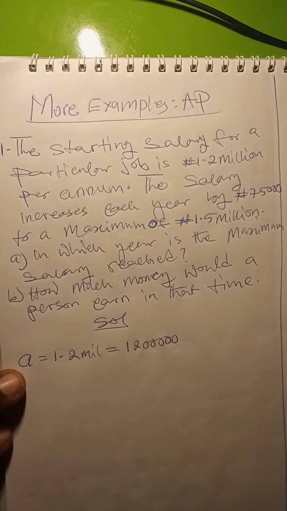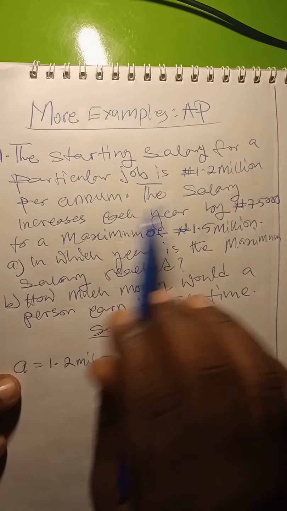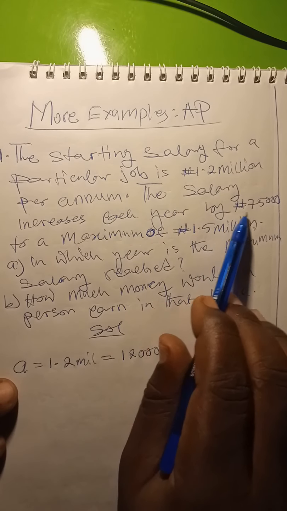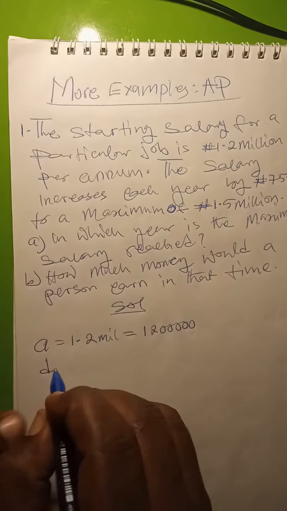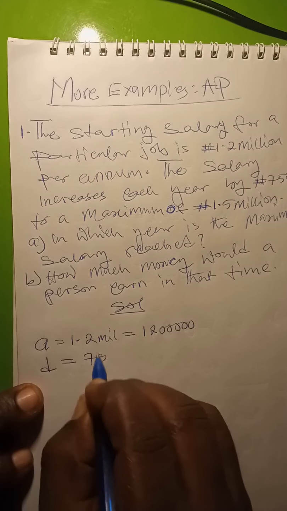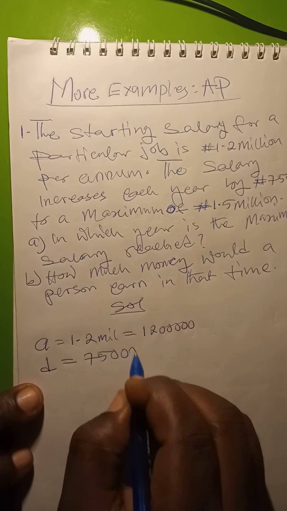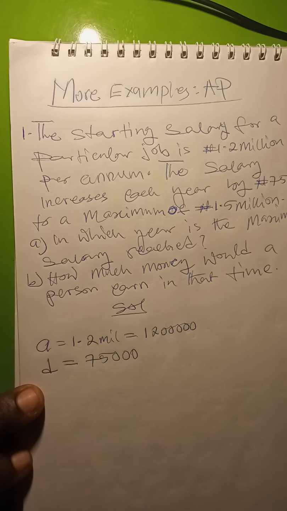Next, the salary increases each year by 75,000 naira, meaning D, the common difference. You don't have to think so much about this. It's 75,000 naira. That's the D. Every year it changes by 75,000.